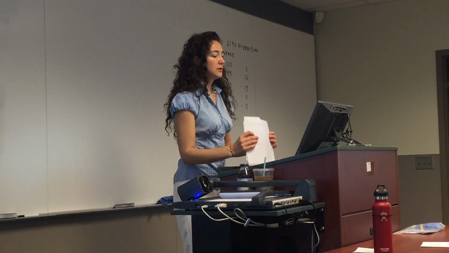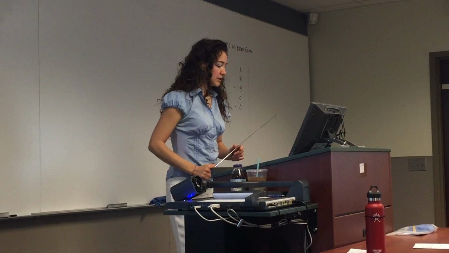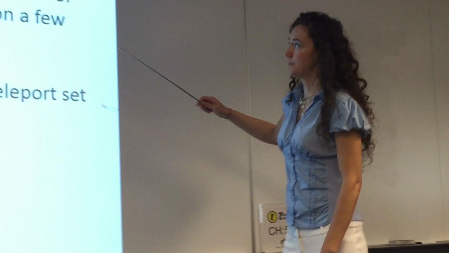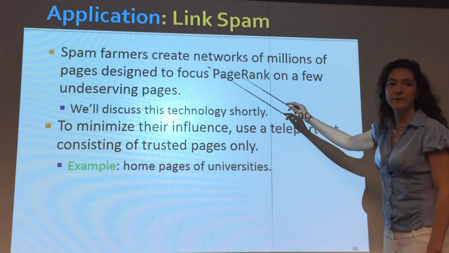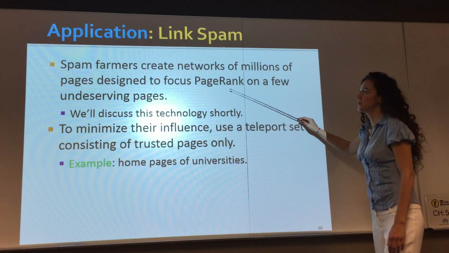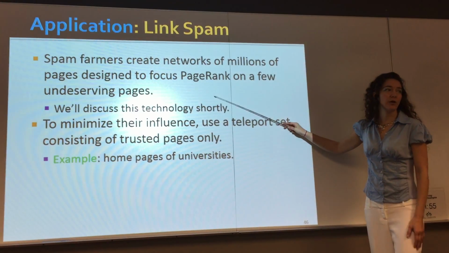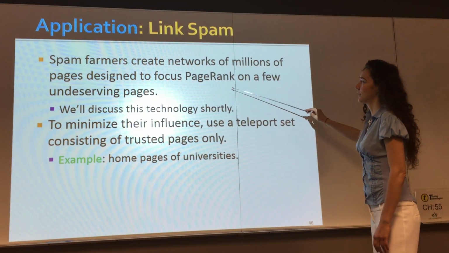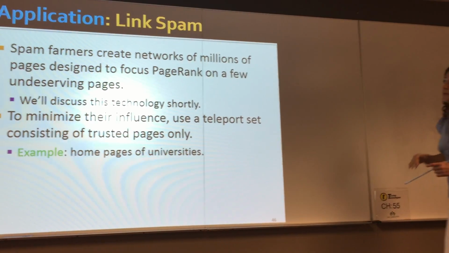So this can be done to try to prevent the spider traps, but it also has an application in another subject called link spam, because there are some spammers on the web that are trying to trick or fool the PageRank algorithm of the search engines in order to increase the PageRank for a specific page that normally will not have a very high rank and is not very popular.